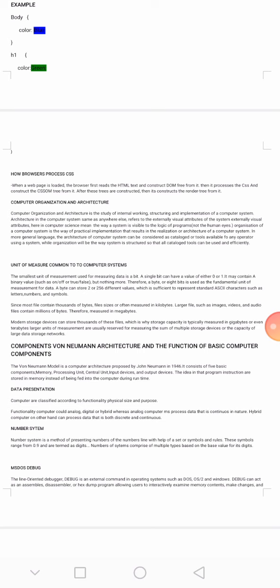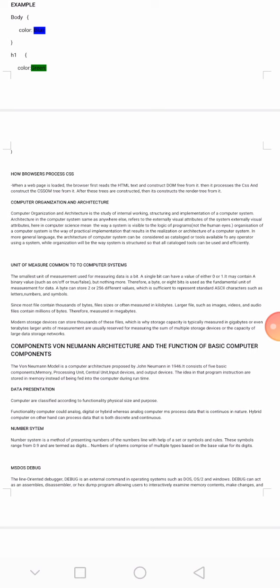Units of measure common to computer systems. The smallest unit of measurement used for measuring data is a bit. A single bit can have a value of either 0 or 1. It may contain a binary value such as on, off, or true or false, but nothing more.